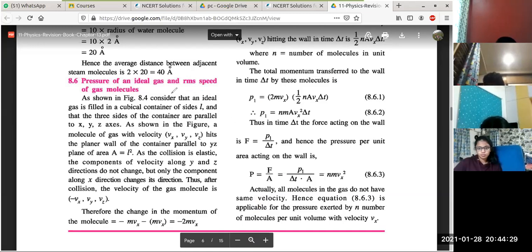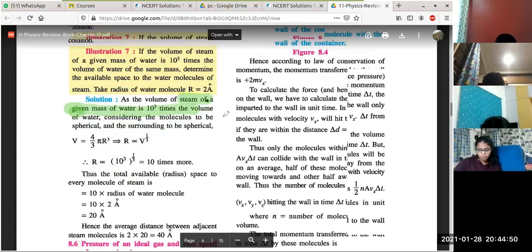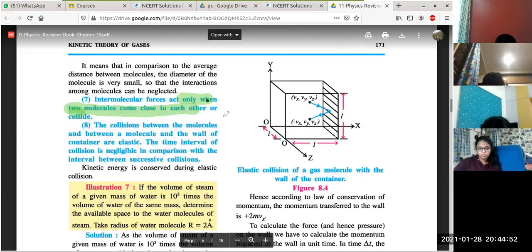Now, you will consider that there is an ideal gas. Assume that there is an ideal gas filled in a cubical container of side L by L by L, and the 3 sides of the container are parallel to the XYZ axes. That means the container is like this. Understood?